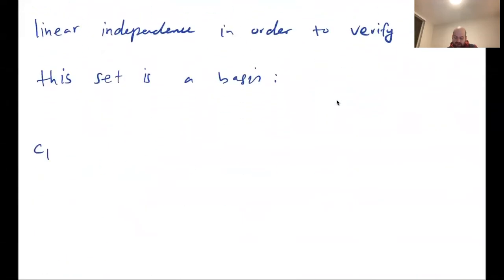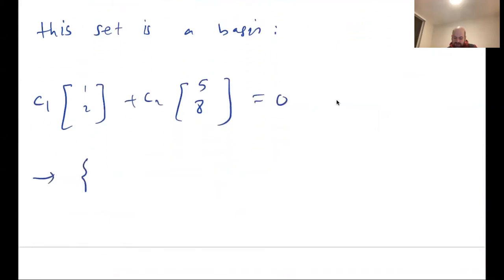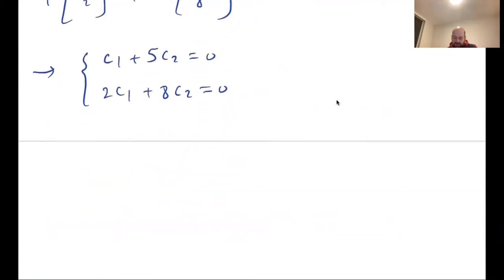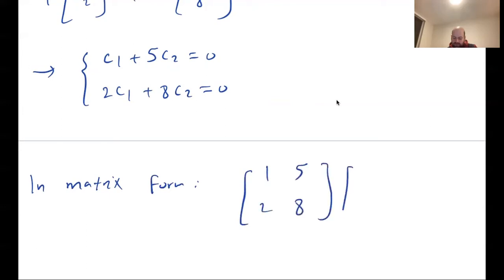Let me assume that C1 times the first vector plus C2 times the second vector is 0. That means if I expand, C1 plus 5C2 equals 0, and 2C1 plus 8C2 equals 0. In matrix form, I can write it as the matrix [1, 5; 2, 8] times (C1, C2) equals 0.